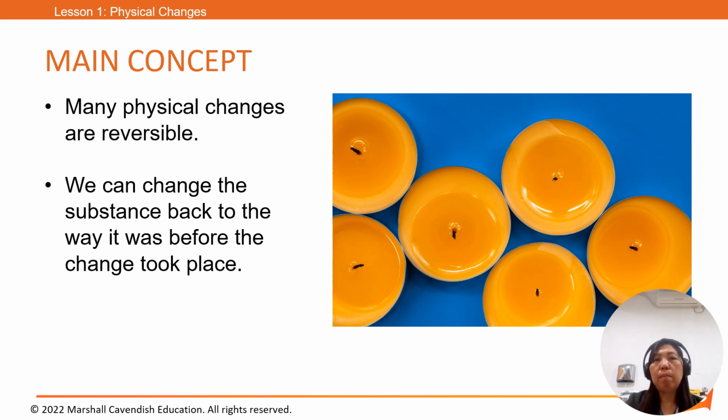So remember, the melting and solidification of candle wax are physical changes. So it can go back and forth. In conclusion, we can change the substance back to the way it was before the change took place.